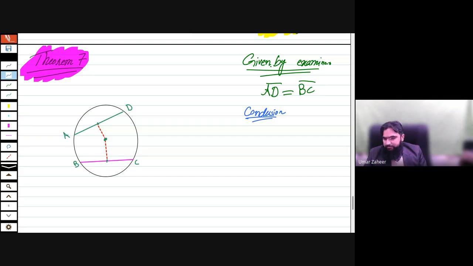The points are P and Q. So OP perpendicularly bisects the chord AD.